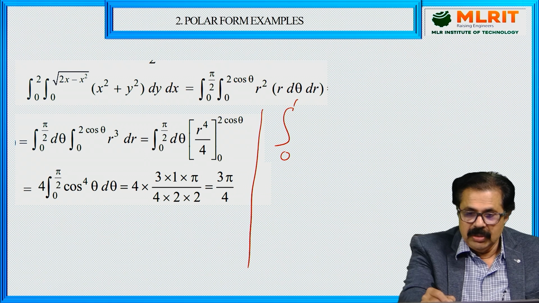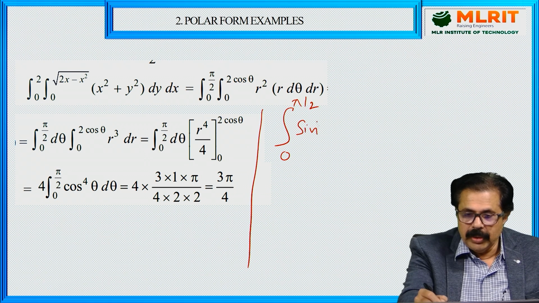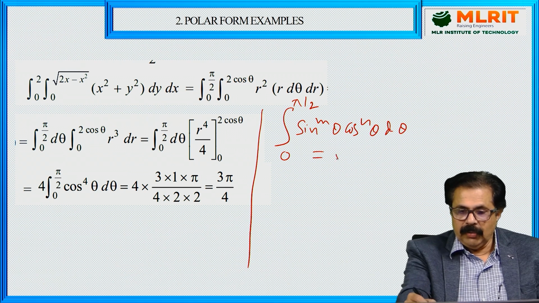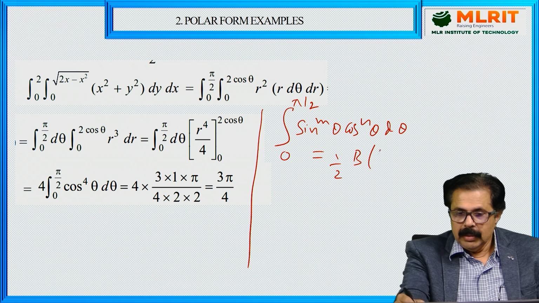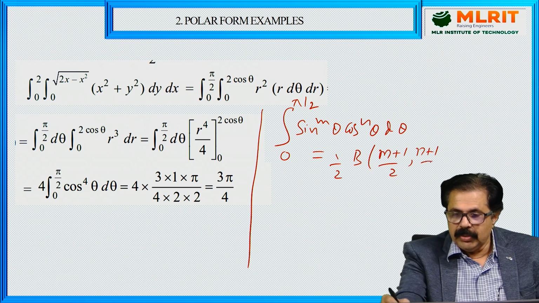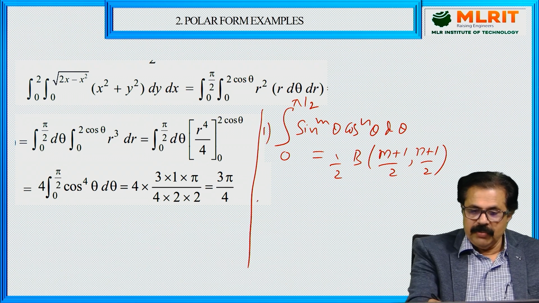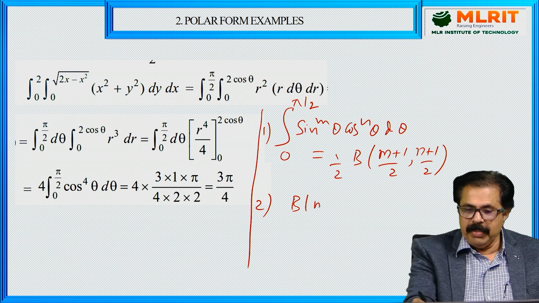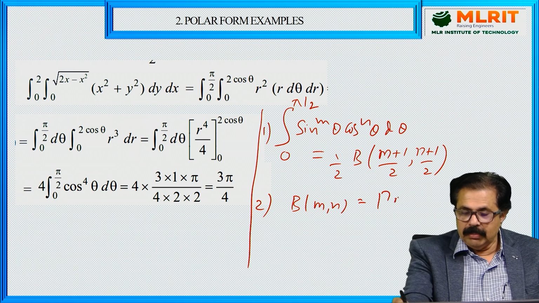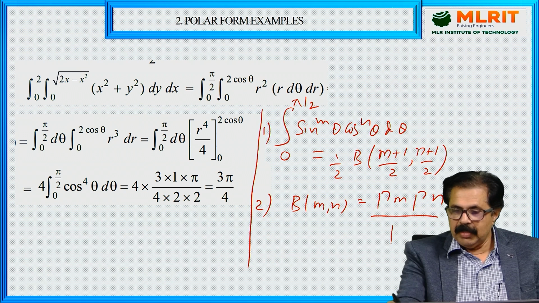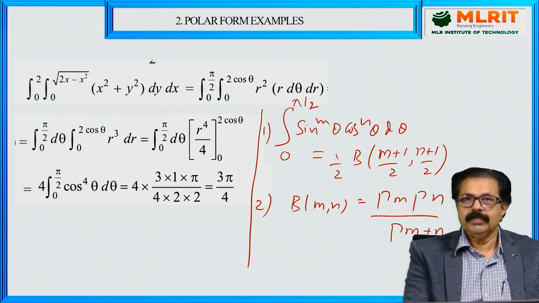We know very well that the integral from 0 to pi by 2 of sin raised to m, cos raised to n, d theta is half beta of (m plus 1) by 2, (n plus 1) by 2. So this is a formula. And the second formula is beta m n is equal to gamma m gamma n divided by gamma m plus n.